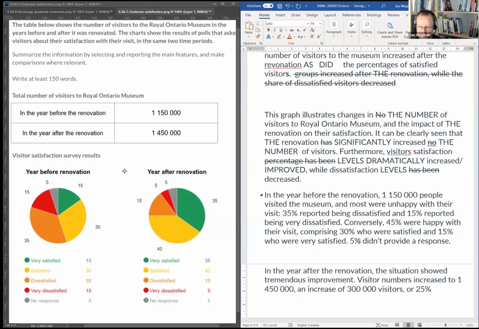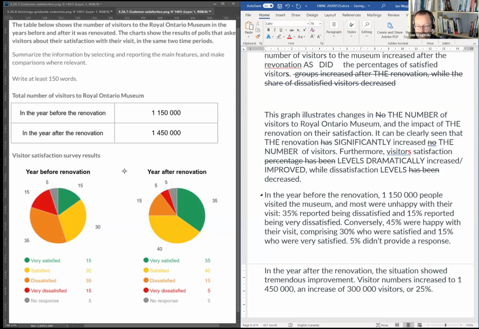There's a couple ways we could do it. You could just put visitor numbers increased by 25%, visitor numbers increased by 300,000 visitors or 25%. Okay, or we can include all three numbers. 150.